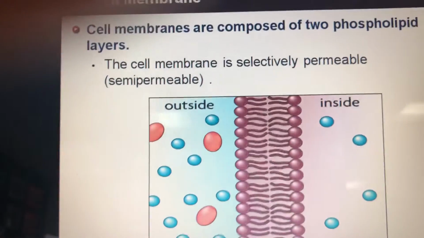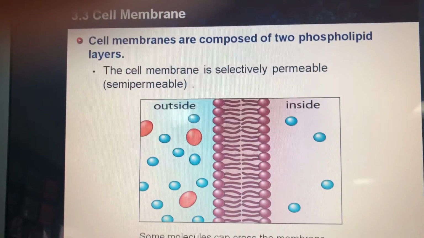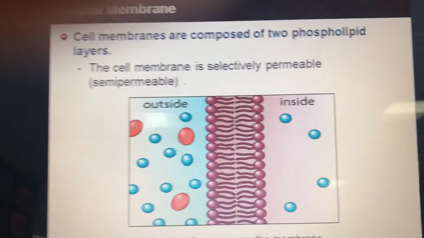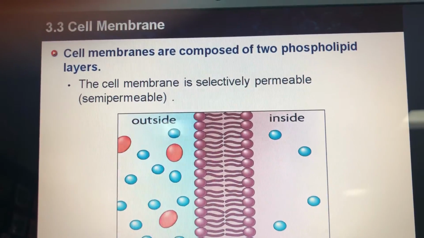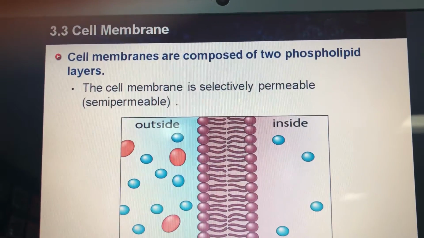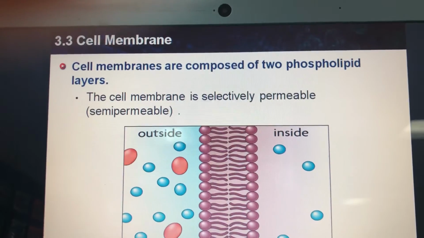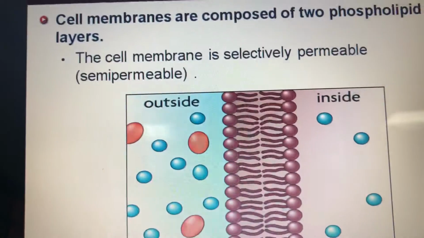Okay, today we continue our lesson, and we are talking about a property that the cell membrane has, which is selective permeability. We can say the cell membrane is selectively permeable. There is also another term which has the same meaning, which is semi-permeable.